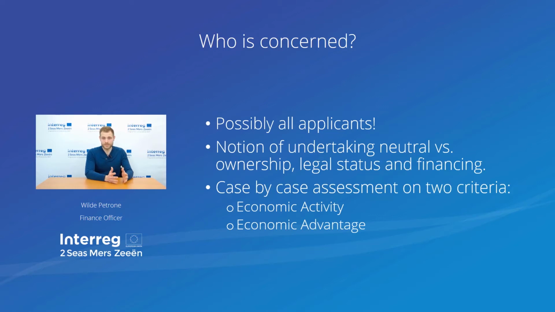So you could easily be turned into an undertaking, even though you are a public authority, just because of this broad definition. The notion of undertaking is neutral with regard to ownership, legal status, whether public or private, and financing. So if you have resources from the public or the private sector or both, we basically don't care.